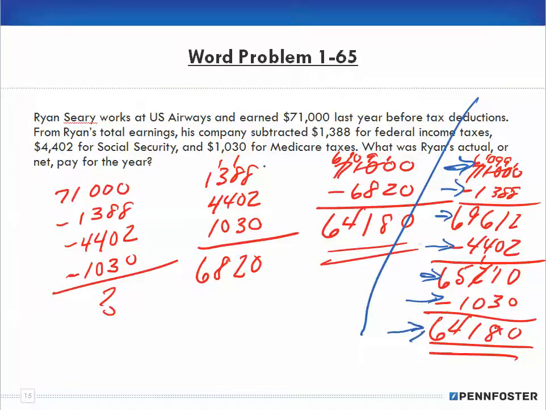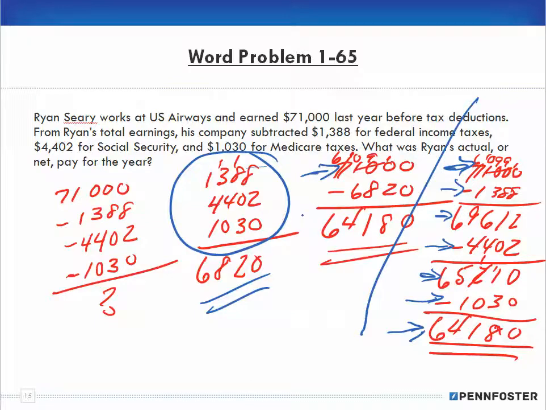Or the easier way, subtracting is a little bit more difficult than addition, so I'd have more of a tendency to just add up all the amounts that I'm going to deduct, get a number, and then subtract that from my gross pay in order to end up with my same net pay. Two different ways of arriving at the same thing. Okay.